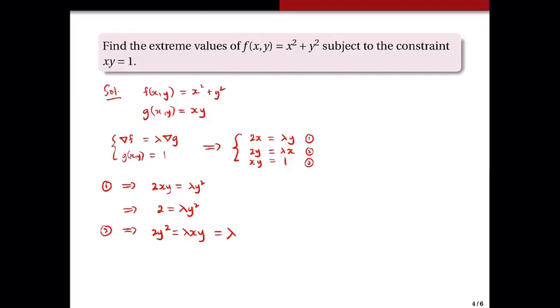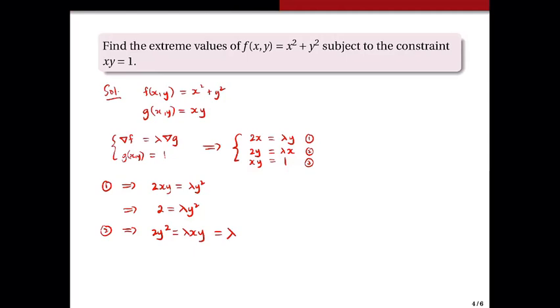Now, look at this. Lambda equals 2y squared. But we have lambda y squared that's equal to 2. So we can solve for either lambda or for y directly.